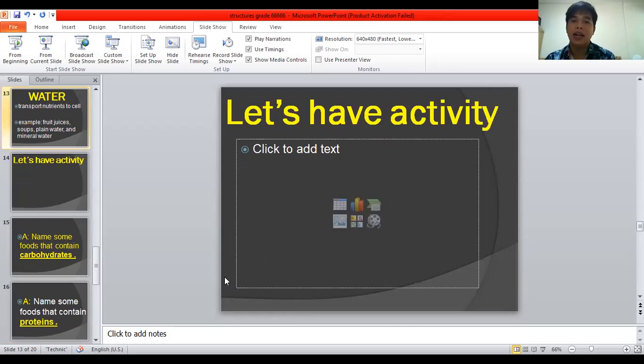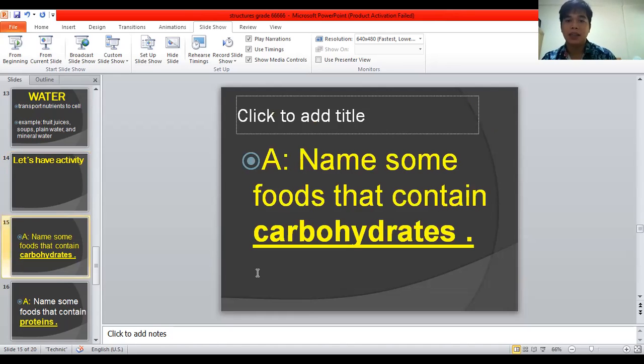Now let's have an activity. Are you ready? Are you excited? Now let's start. Name some foods that contain carbohydrates. 1, 2, 3, go.